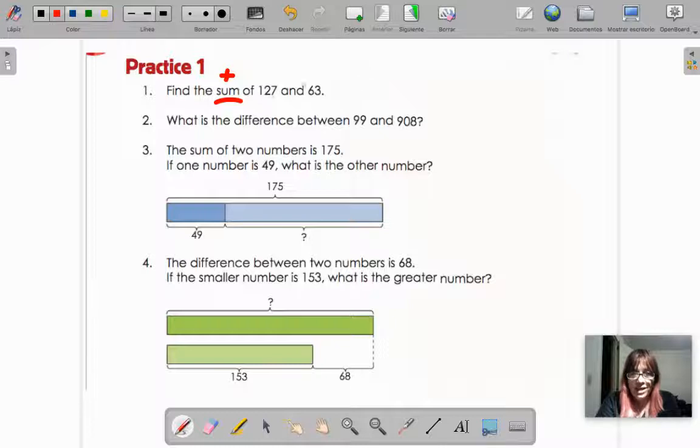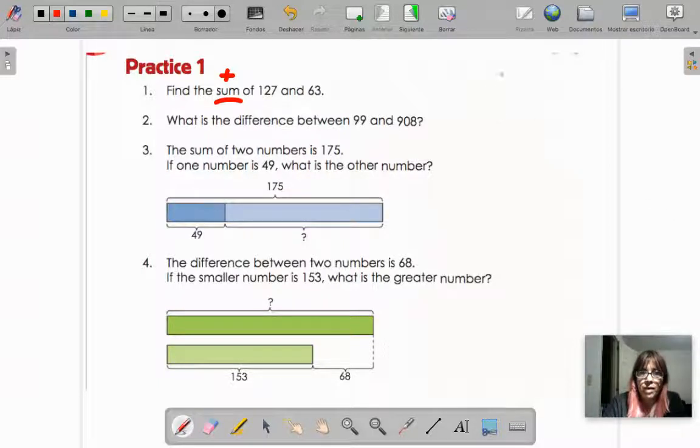So what I do, you can get your whiteboard or a post-it or your math notebooks, a recycling paper. Do it somewhere vertical, okay? Vertical means you put the first number, then the other number down below, and then you can do it the way you know how to do additions and subtractions. Don't do it here on the book. Even on Google Slides, it's difficult to do it like that.